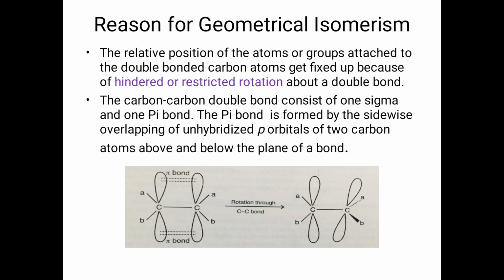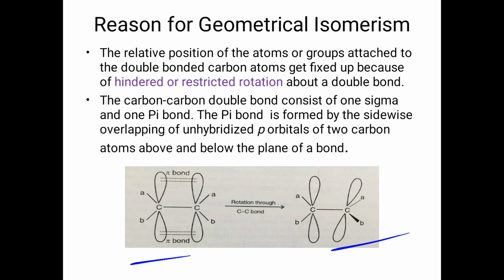The pi bond is formed by the sidewise overlapping of unhybridized p orbitals of two carbon atoms above and below the plane. Rotation through the C-C bond would break the overlap. It is due to this that there is restricted rotation around the double bond. You understand?